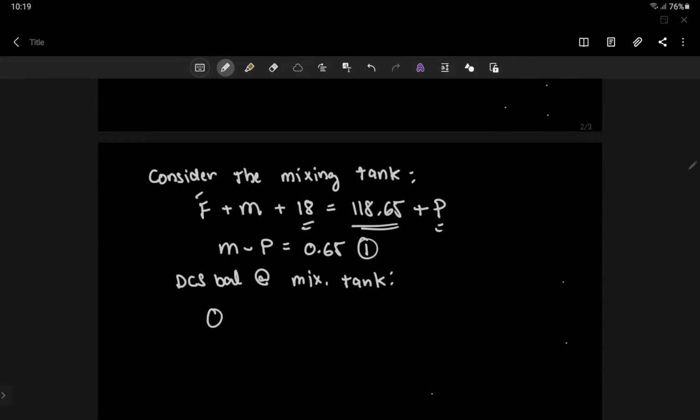Wala, di ba? 0. Plus, DCS in M, alam natin na 95%, di ba? 0.95 M. Plus 18, equals, bakit plus 18? Kasi yung buong 18 kilogram na yan na pumapasok sa mixing tank ay purong solvent.